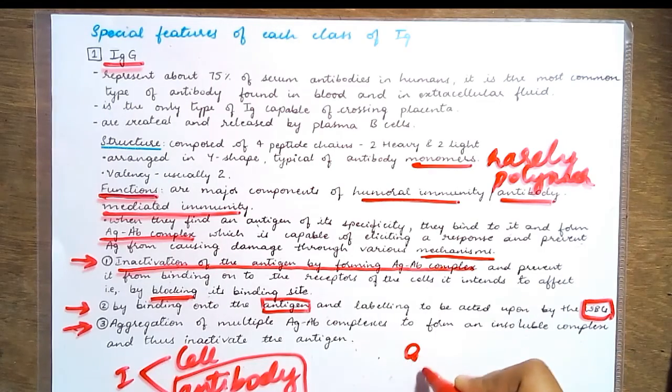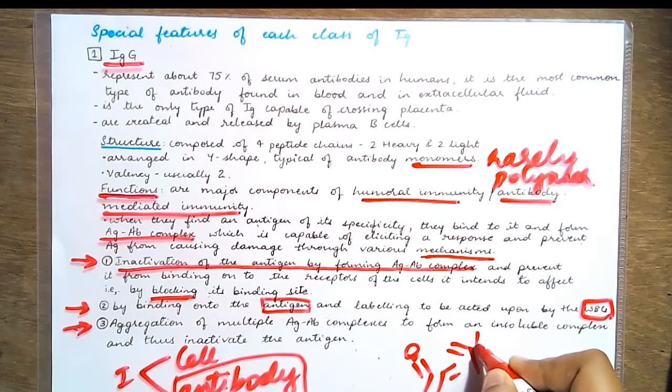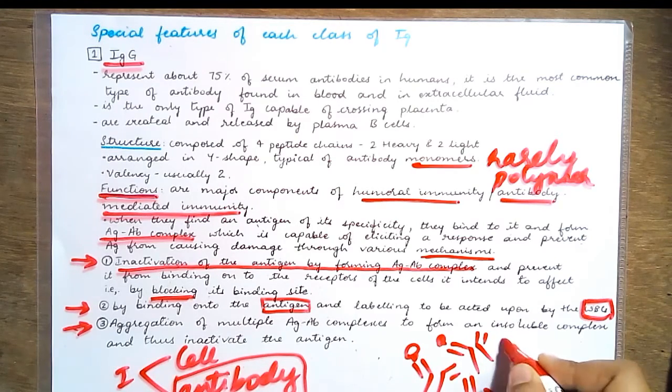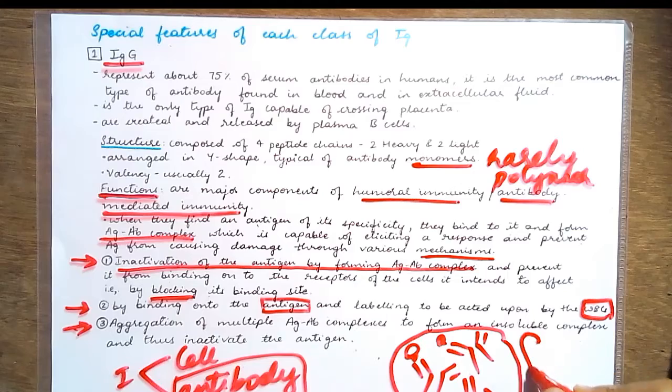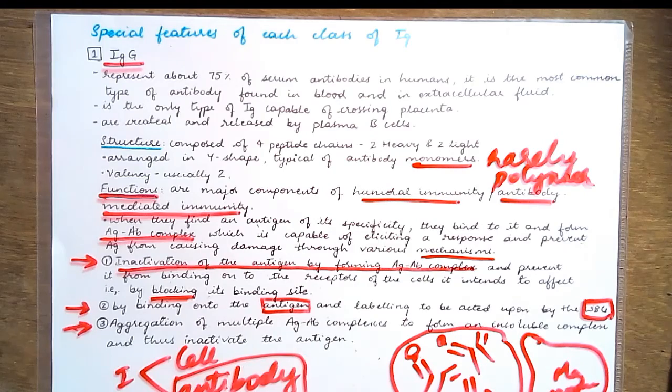Many such antigen antibody complexes come together and form an aggregation so that it can later be phagocytosed by a macrophage. Okay, these are the three mechanisms by which IgG acts upon an antigen.